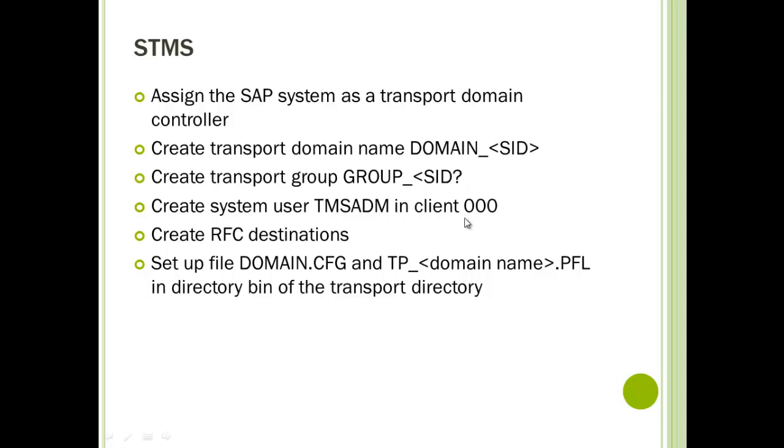The TMS_ADM user is a very important user in client 000 for the system landscape, for the transport management. Then it will automatically generate the RFC destination required for the TMS configuration.